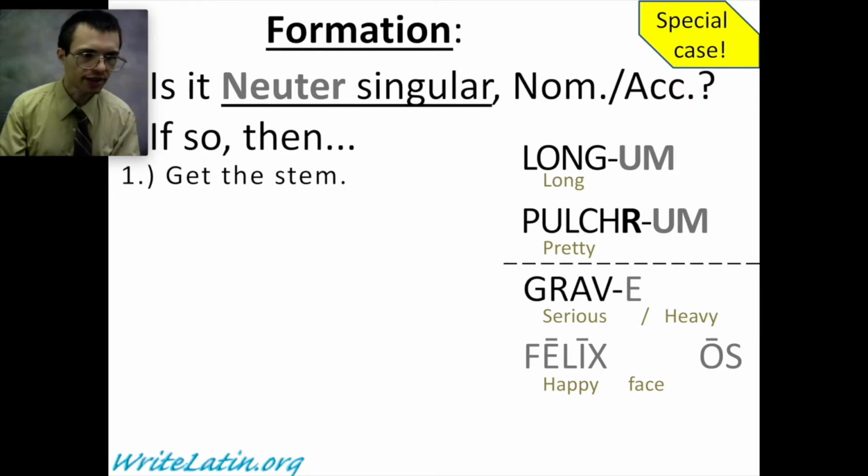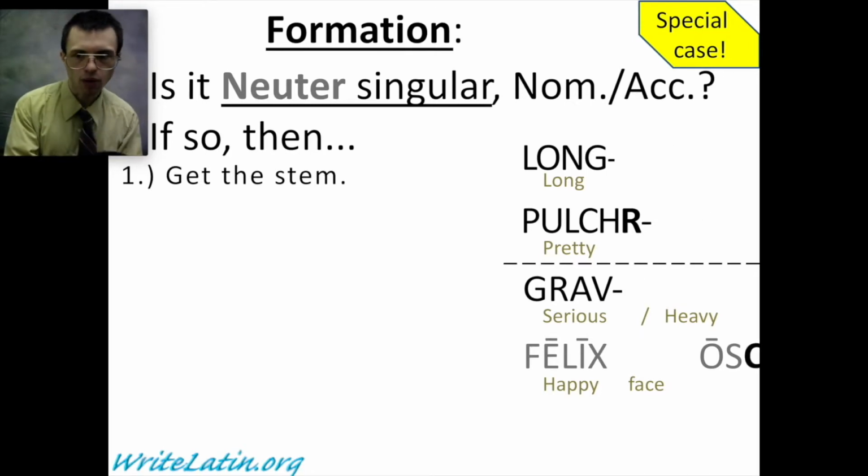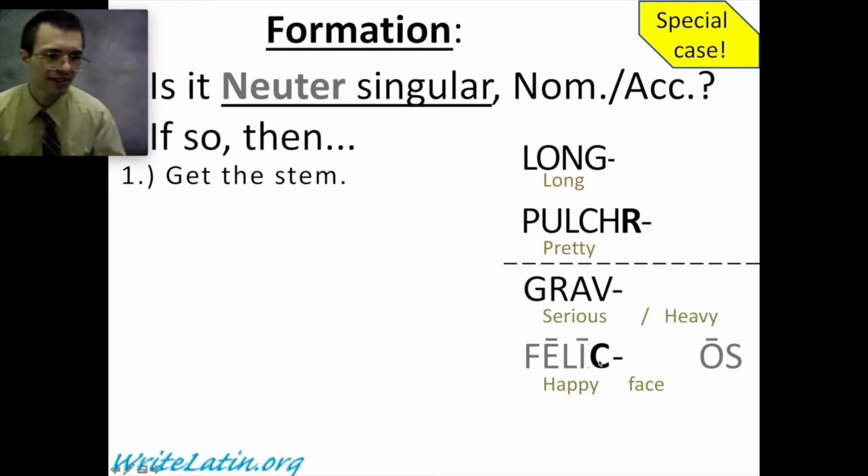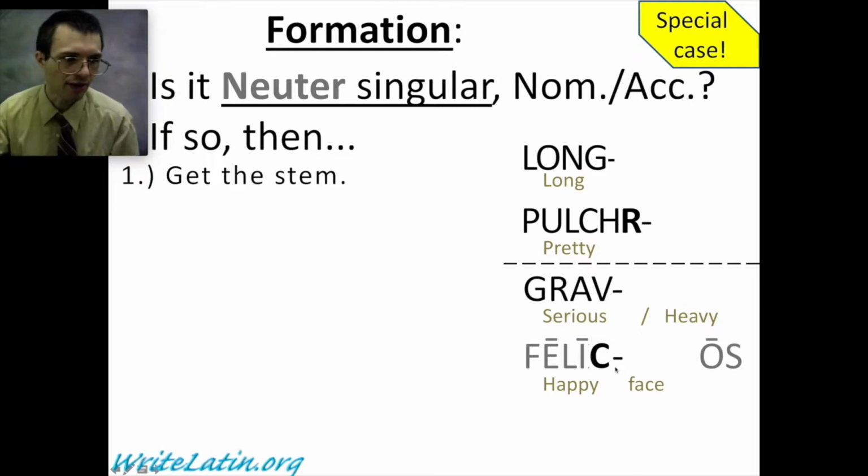All right, so let's get the stem. Ready, go. Okay, see how I took off IS on the first and second declension ones, and I took off IS on the top one. And now down here, Felix, to get the stem, I actually had to add on a C because X is not used in nine out of ten of the forms. So felic.